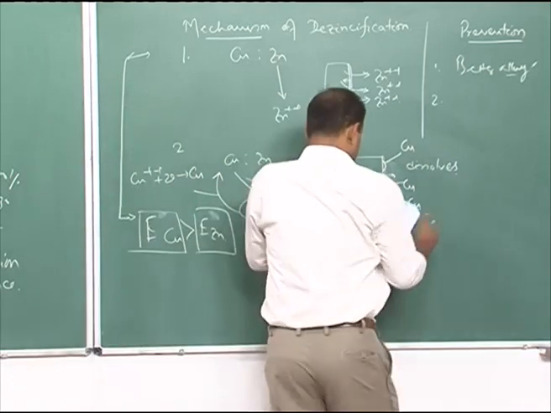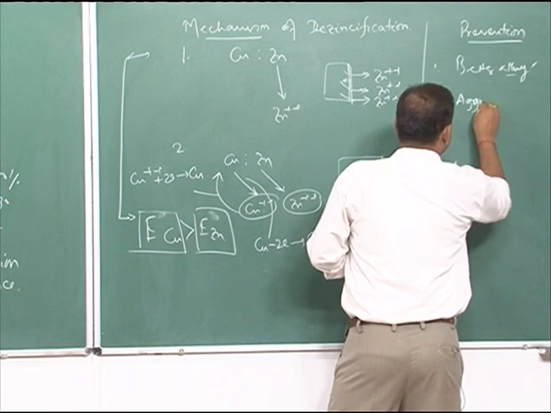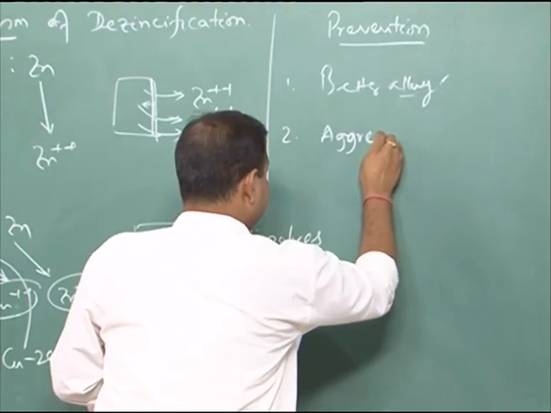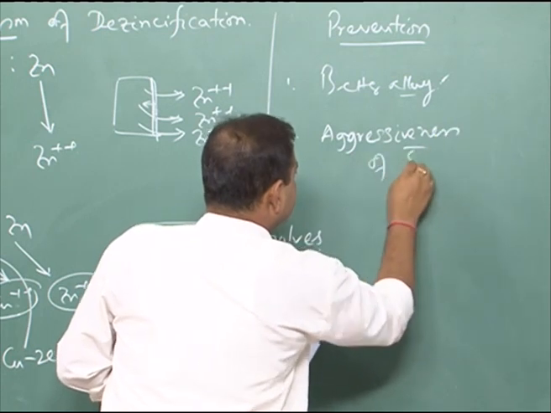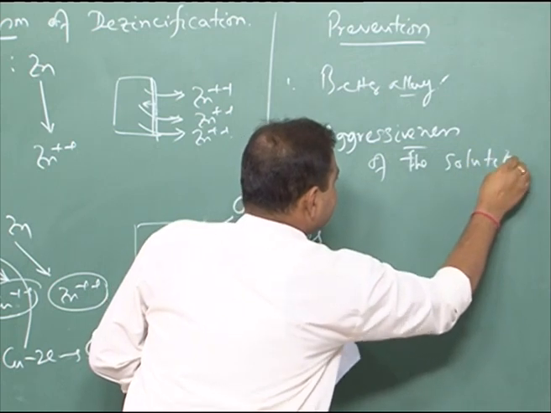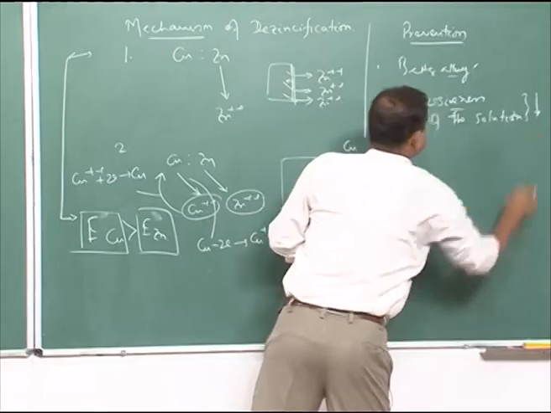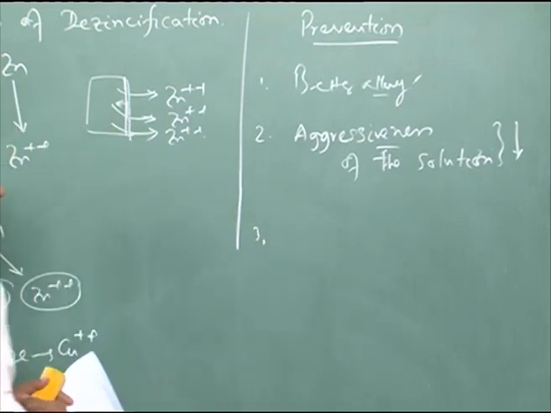So, you can do it by decreasing the aggressiveness of the solution. Now, third case, if we can have a system where we add tin.